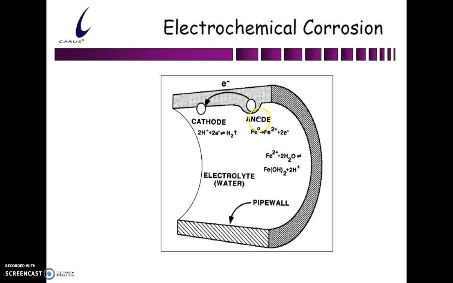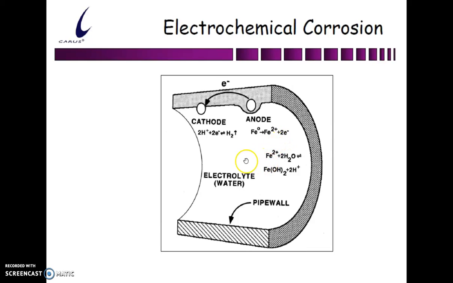It will allow iron, which is one of the main metals that make up metallic pipes, to go from its regular state, which is metallic iron, and it will lose electrons and become what we call ferrous iron, which becomes dissolved. When that happens, electrons are released.